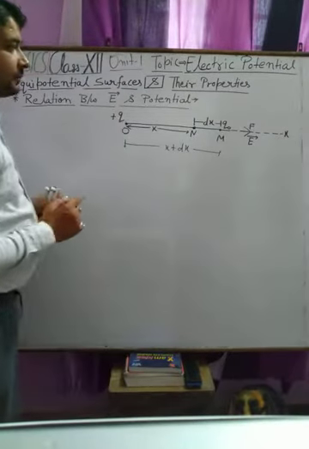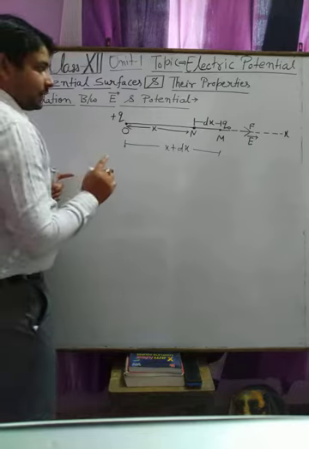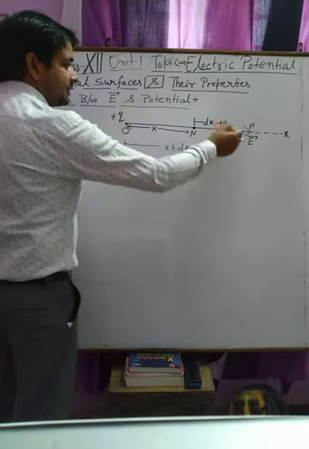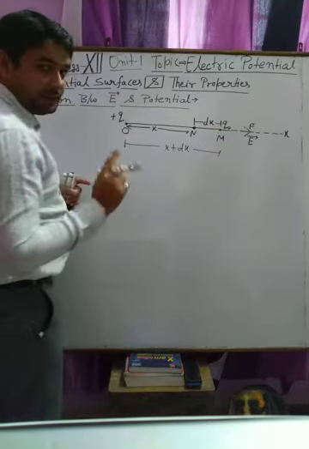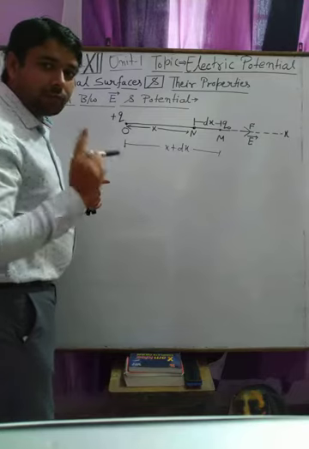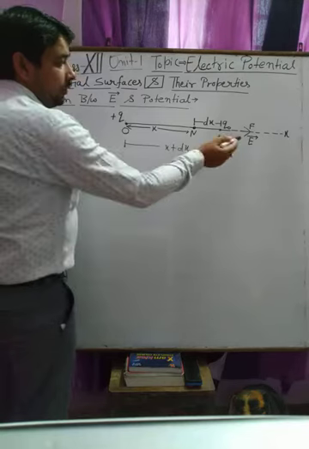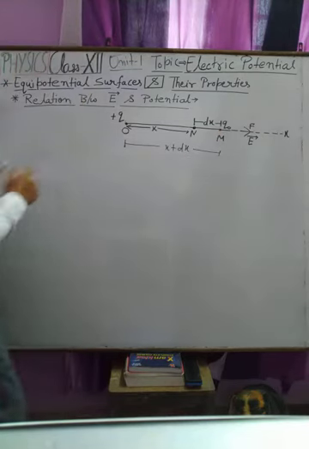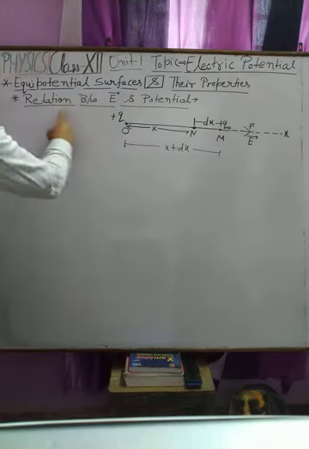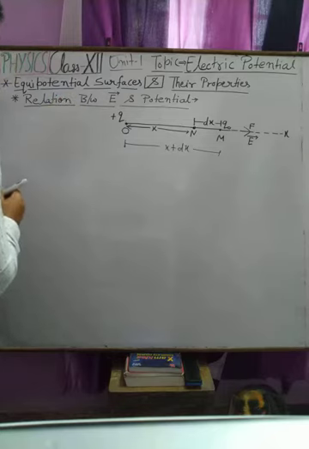Now the force acting on the test charge at point M is the electrostatic force, and that force is a repulsive force also. Now we derive the relation between the electric field and potential.